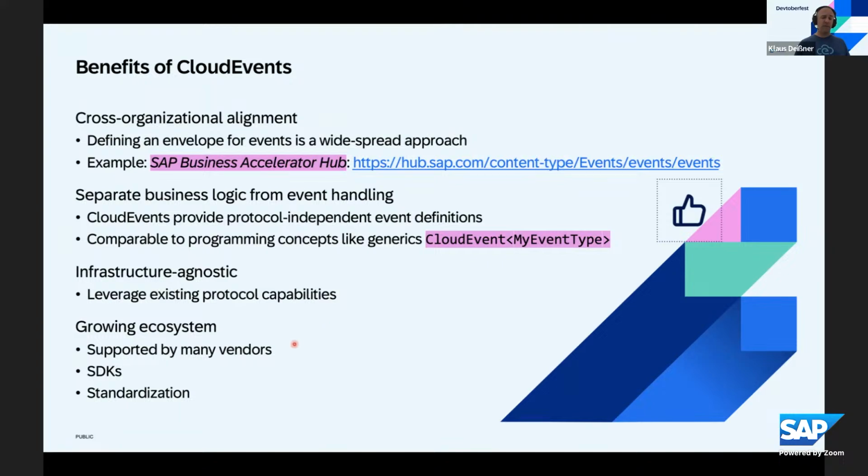And it's supported by many vendors, not just SAP these days. We have in the ecosystem, in the community, SDKs and several products that SAP also supports. One of the sessions I point you to will be about how events are produced in ABAP and then consumed or routed through Advanced Event Mesh, for example. I've also seen a trend toward standardization of events.